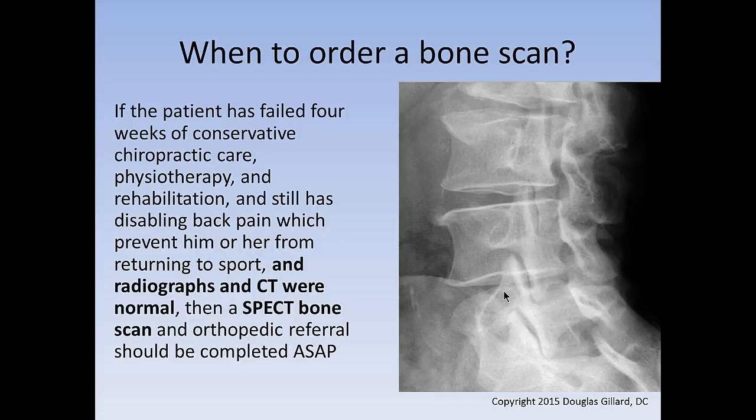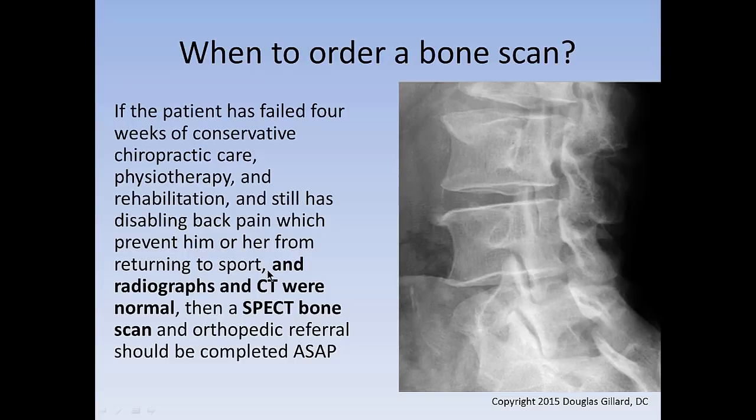When do you order a bone scan? If the patient has failed 4 weeks of conservative care, including chiropractic, physical therapy, acupuncture, rehabilitation, anything, and he still has disabling back pain, which is preventing him from returning to sport. This can be 4. You can give it 6 if you want. 4 to 6 weeks is probably better.